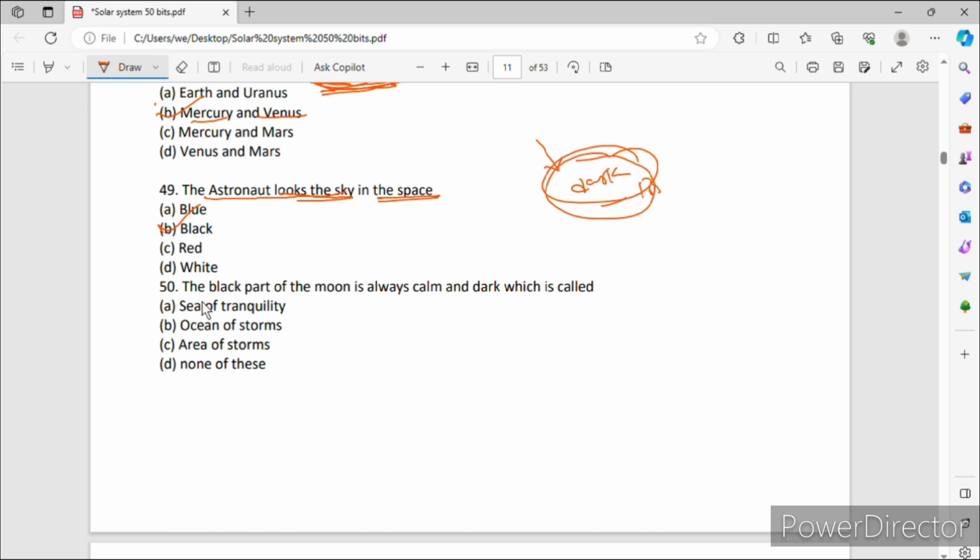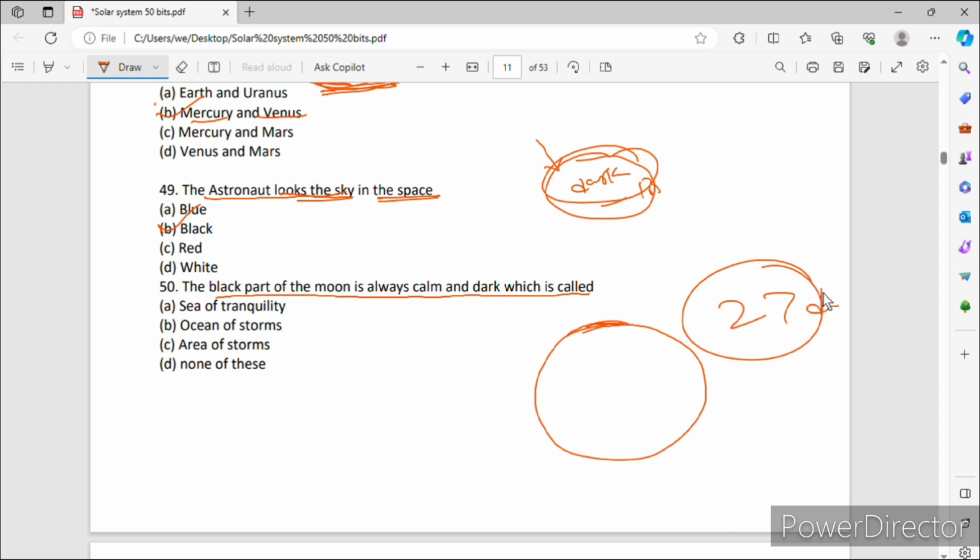Okay, next one is, the black part of the moon is always calm and dark, which is called. See friends, take the moon: only half of the moon can we see all the time, because its revolution and rotation time are both around 27 days. So the other half is completely hidden.